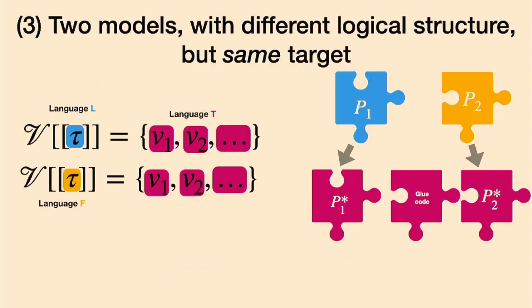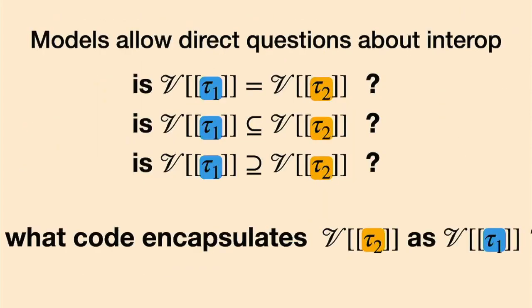And the reason for that is that it allows you to ask direct questions about interoperability. Like, is this type in one language, or in an extended version of the language, the same as in another language? Normally, this is a bizarre thing to do unless you've already moved into a model where you have some commonality, right?